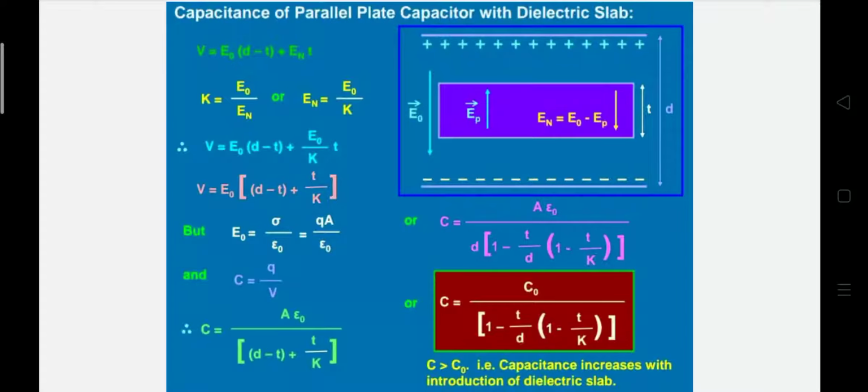If there is vacuum in the whole space between the plates, that is T equal to 0, there is no dielectric material.